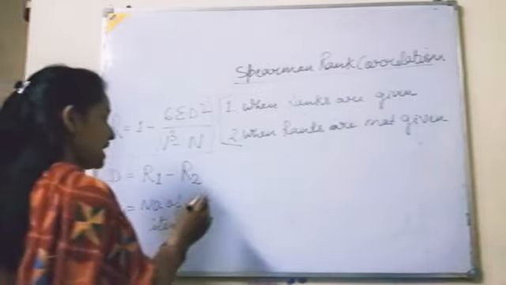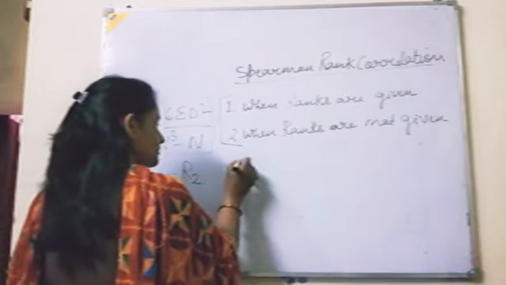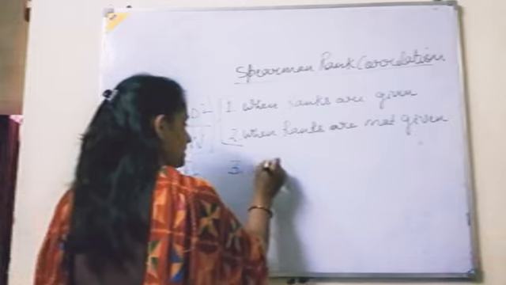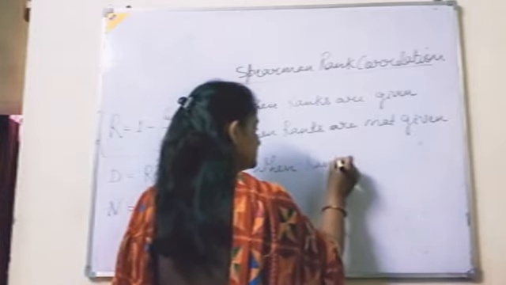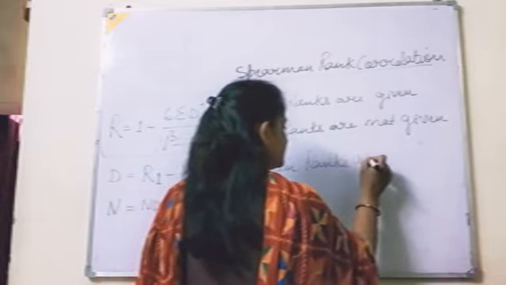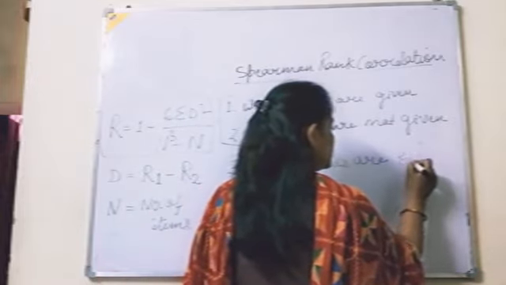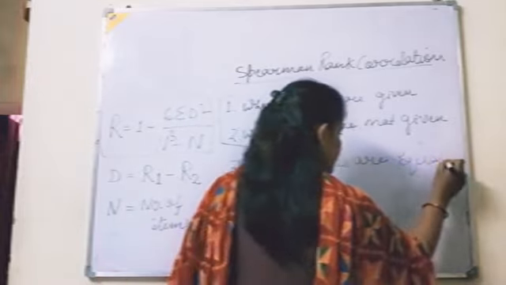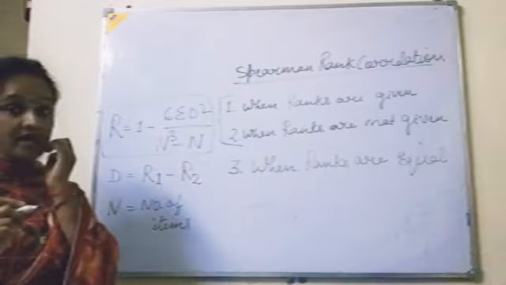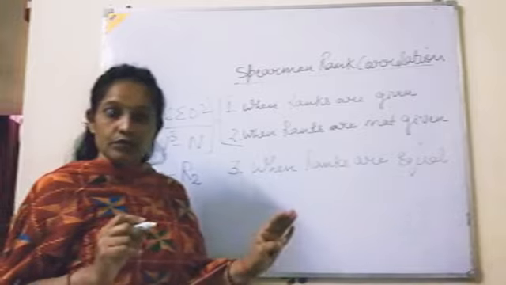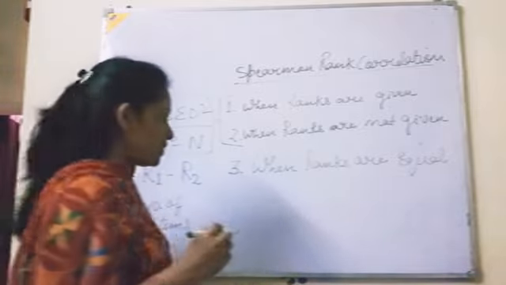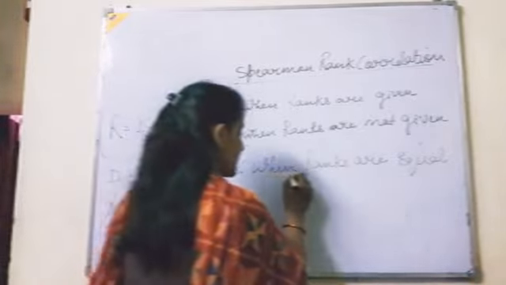Is it clear? Now, the third category is when ranks are equal. When ranks are equal, we use a different formula. And what is the formula for this category?